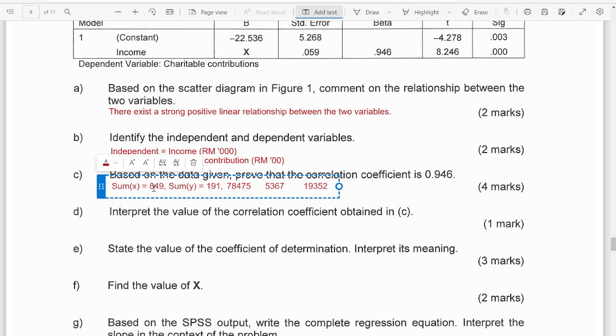Okay, and then this one sum of xx ataupun x kuasa 2. And then this one will be sum of y kuasa 2.